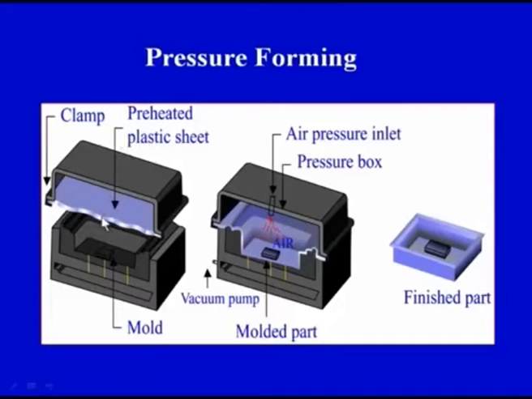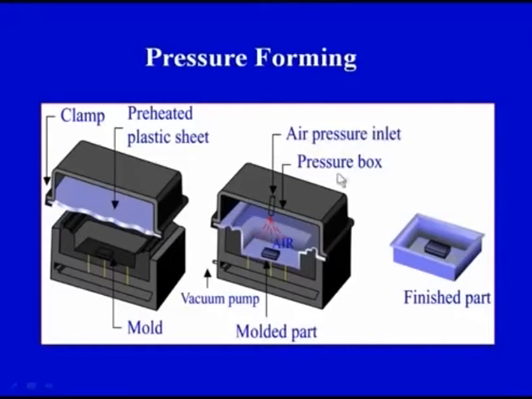We have a preheated plastic sheet. We have a clamping arrangement in which the mold would be clamped to the pressure box, and then we have the air pressure inlet. This is the air pressure. Red color indicates that air at high pressure is being subjected to the sheet, or in other words the preheated plastic sheet is subjected to a very high air pressure jet.